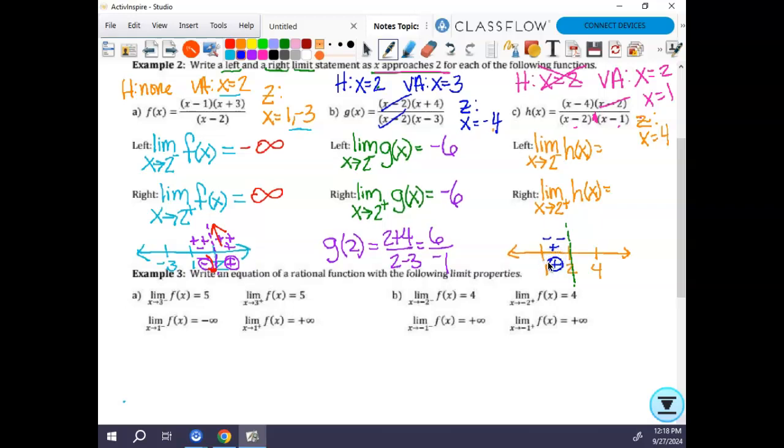Which means to the left of this, we're going to positive infinity. Okay, that makes sense? Then on this side, between 2 and 4, I could pick 3. 3 minus 4 is negative. 3 minus 2 is positive. 3 minus 1 is positive. This is negative overall, which means the function is going to negative infinity. Okay?